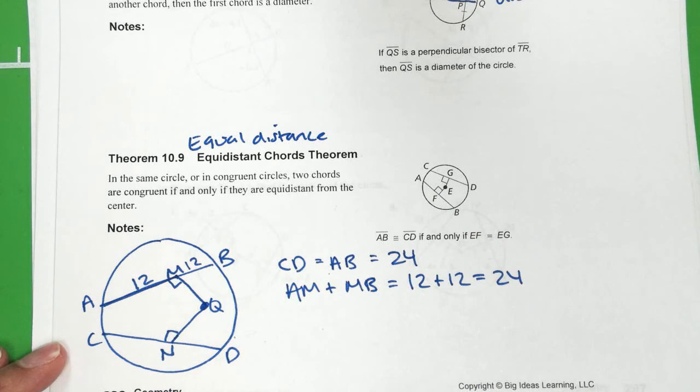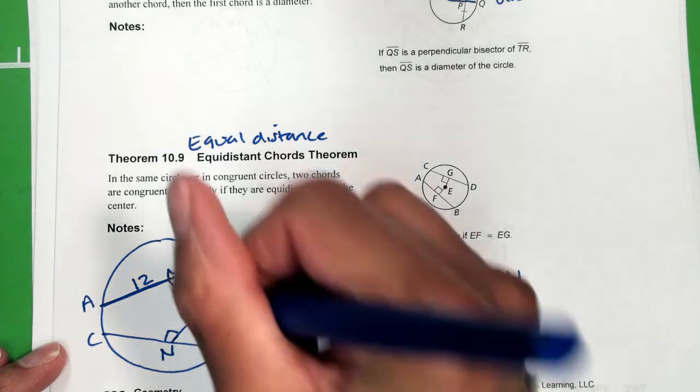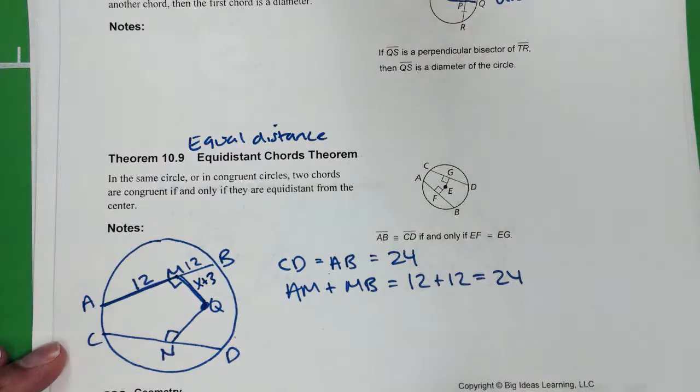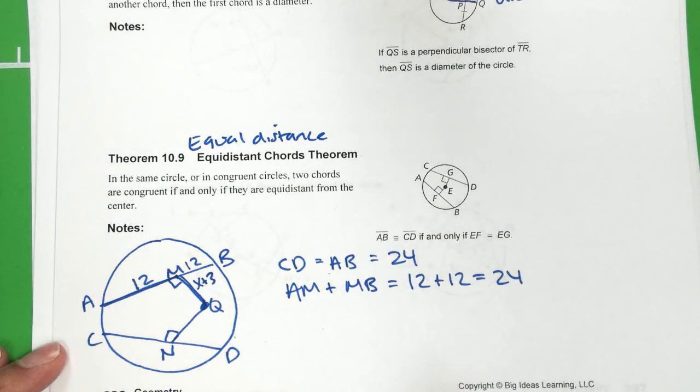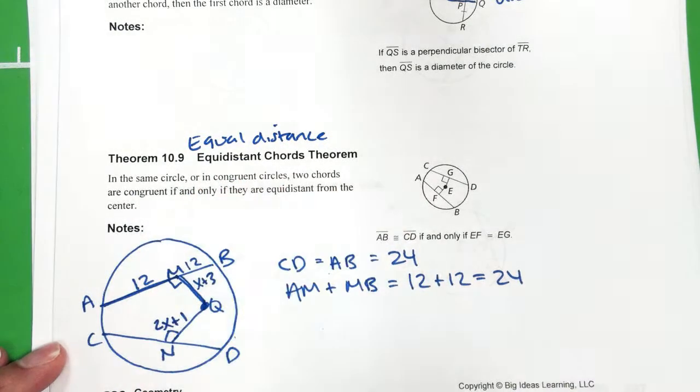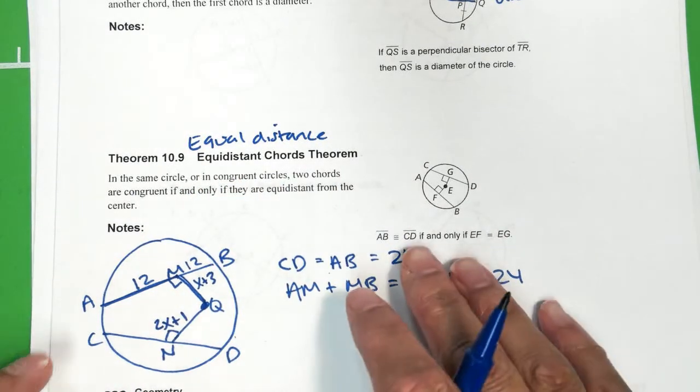And then, if I want to find QM, let's say QM right here is x plus 3. Okay, and then we will say QN is 2x plus 1. So I have those two equations there.